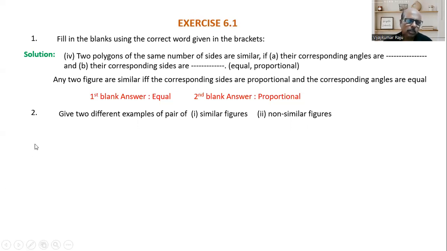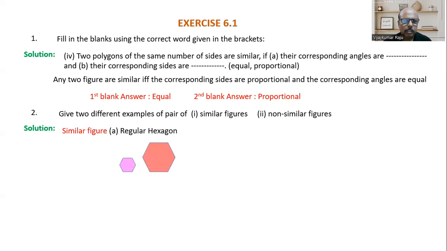Two similar figures: regular hexagons, both are similar. So it will be like this. Both are hexagons, one is small, the other is big. Both are similar. So a regular hexagon is an example of similar figures.